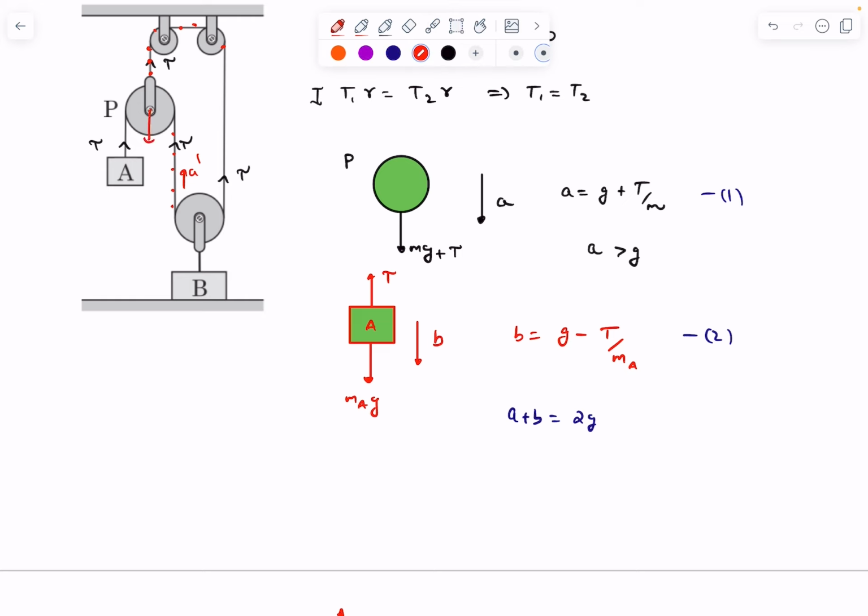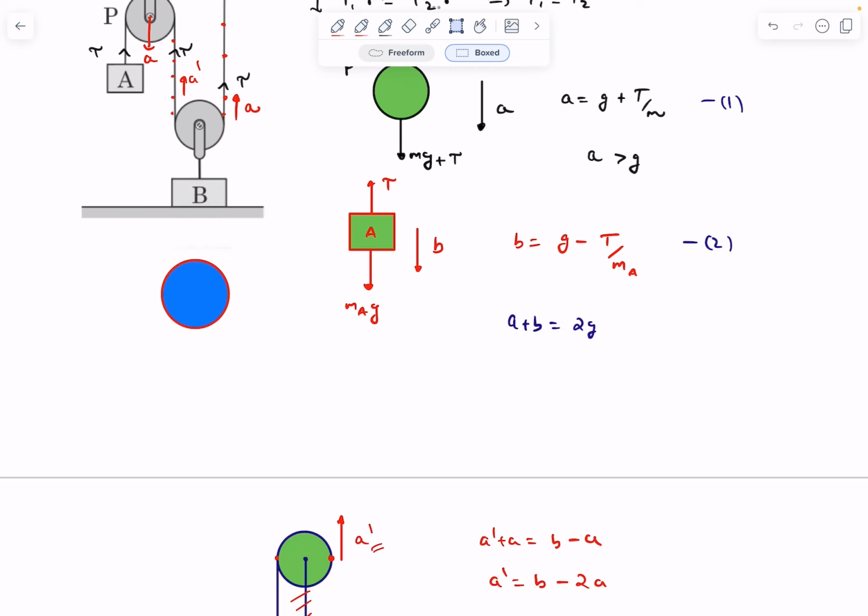And the pulley was moving down with an acceleration of A, which means these points connected to the right part are going to move up with the same acceleration of A. Otherwise this part of the string will break, right? As it's an inextensible string, the acceleration with which this point moves should be the same as the acceleration with which this point moves down.